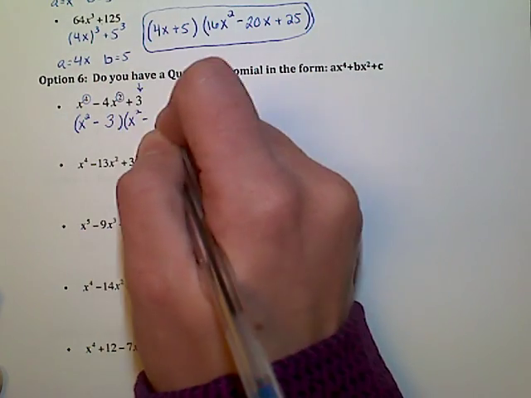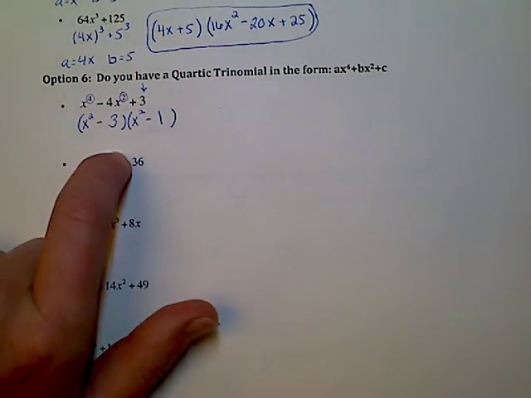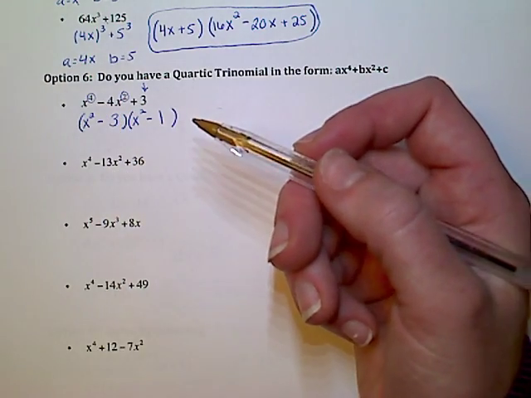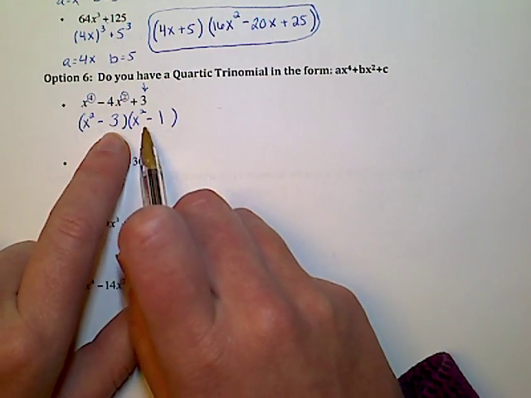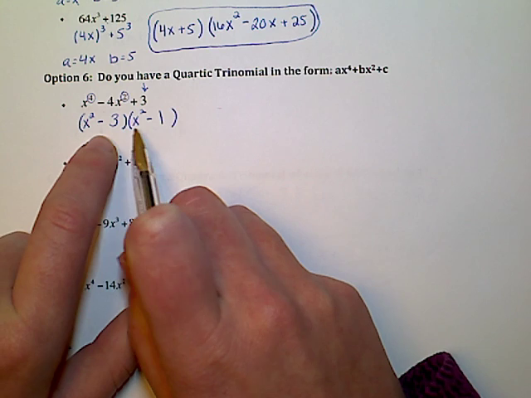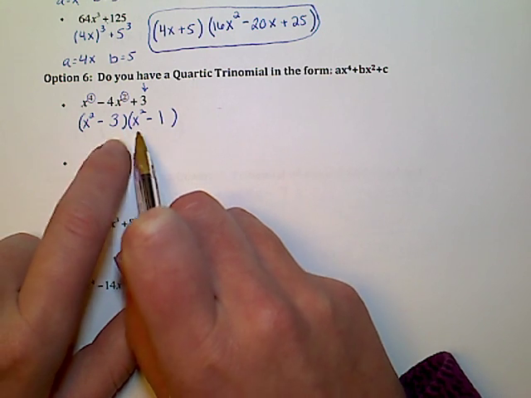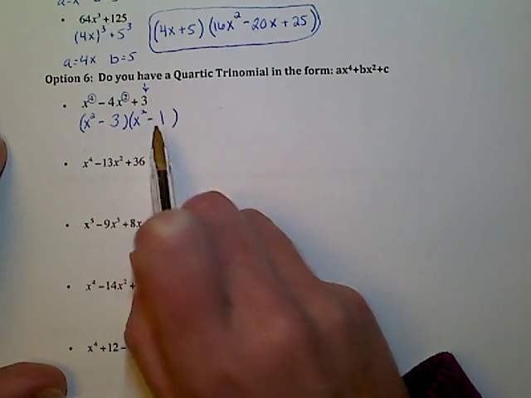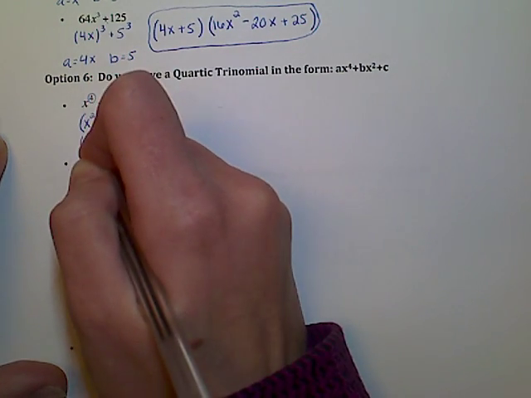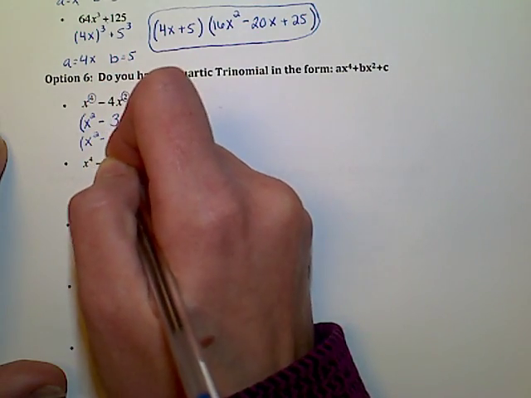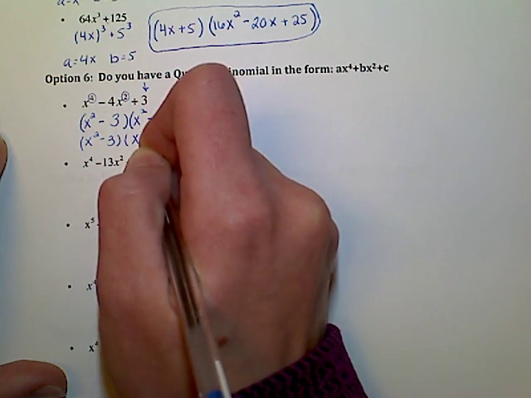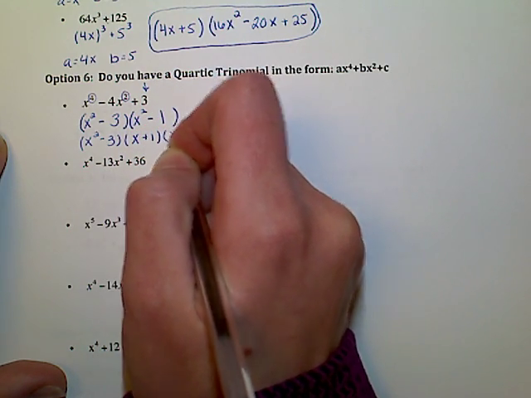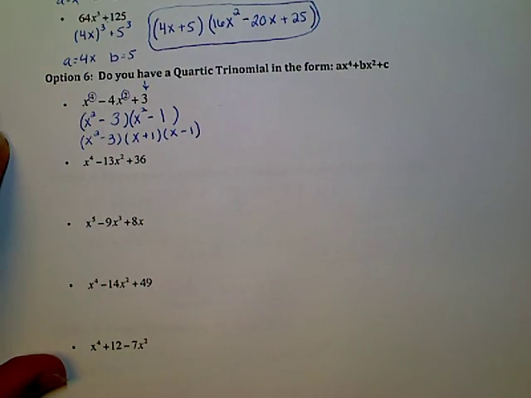And 3 and 1, that's our only option. That will add to a negative 4x squared in the middle. Now, sometimes after you do that, you're done. In this case, looking at this x squared minus 1, that's quadratic. That's actually the difference of two squares. It factors further into x plus 1 and x minus 1, and that's something you may remember from Algebra 2.